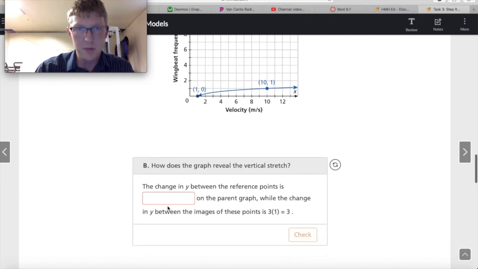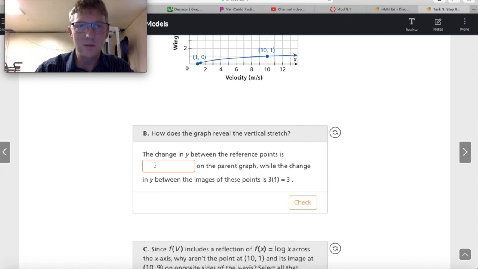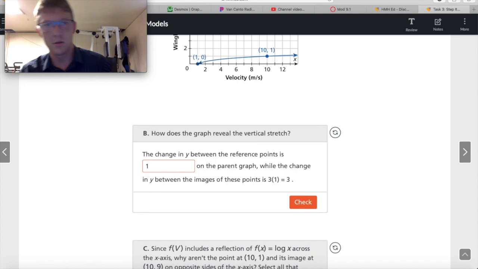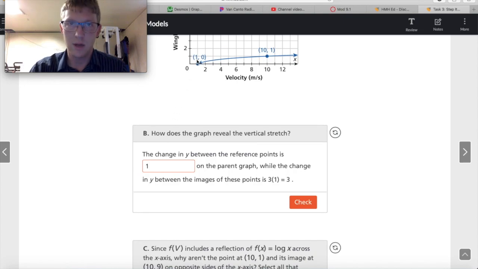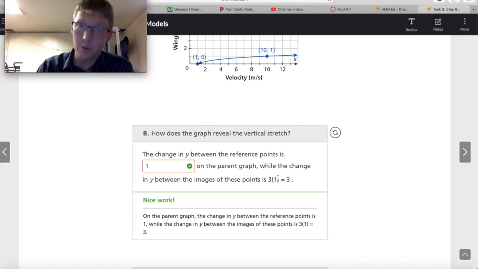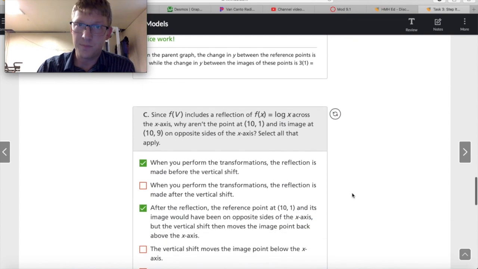So that's what they're talking about down here whenever it says the change in y between the reference points for the parent graph is 1. You know, x is 1, y is 0, y is 1. So then while the change in y between the images of the image points is 3. So that's what they're talking about there.